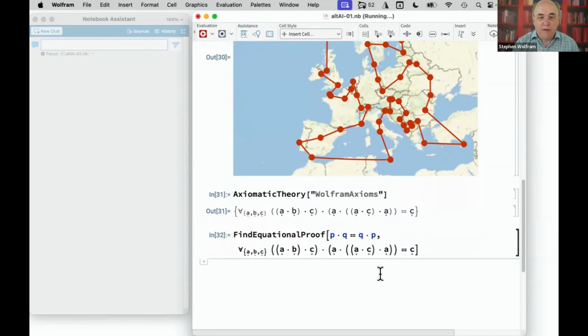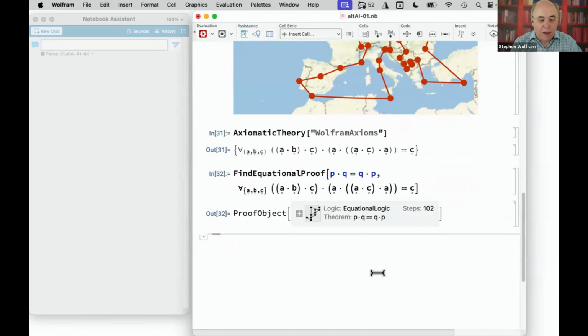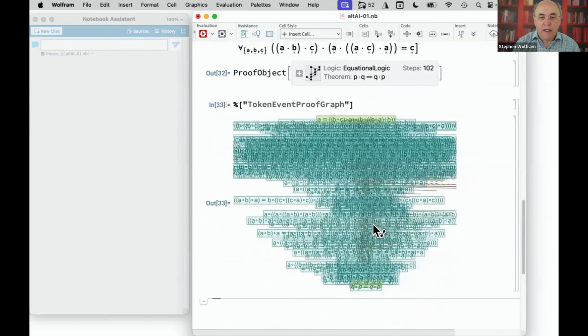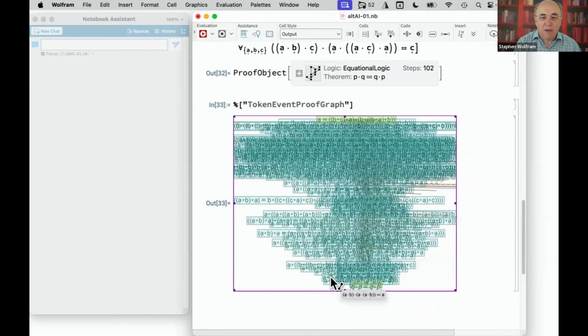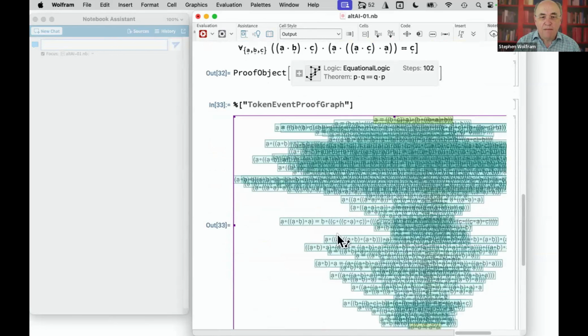It'll probably grind away for a little while, and then eventually it should produce a proof. For example, I think it's called ProofGraph, correctly. Oh, what a mess. Okay, this is producing a graph that represents the relationship of the lemmas in that proof.